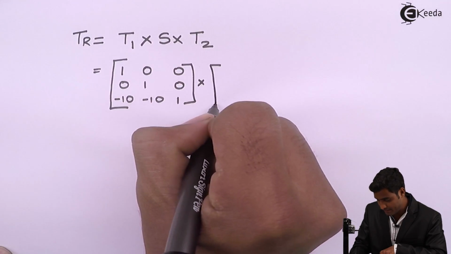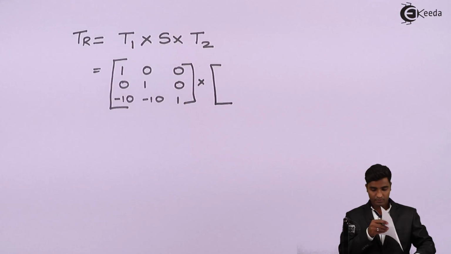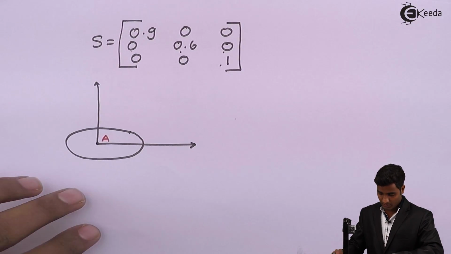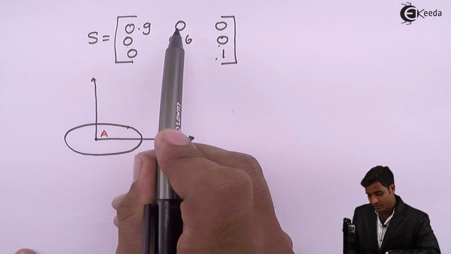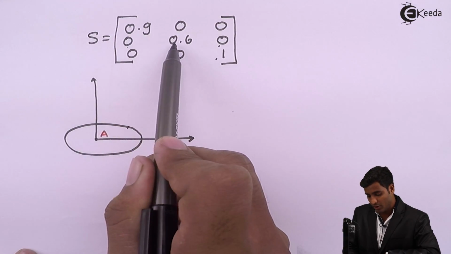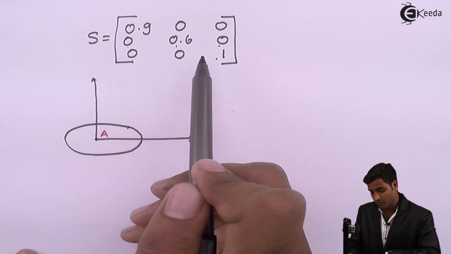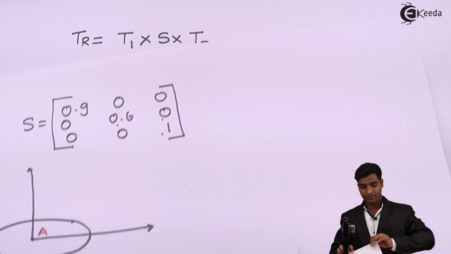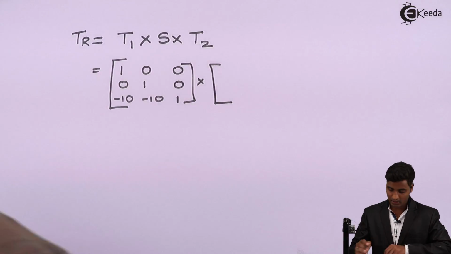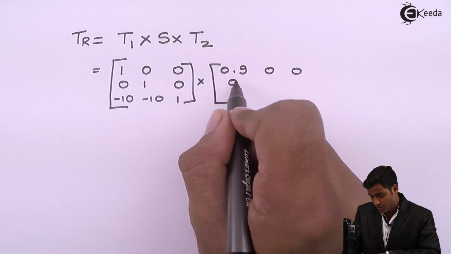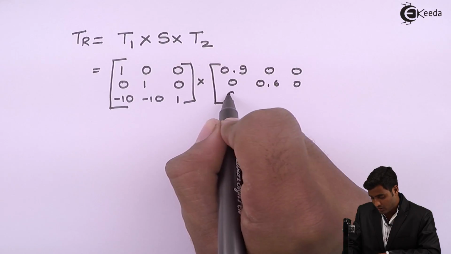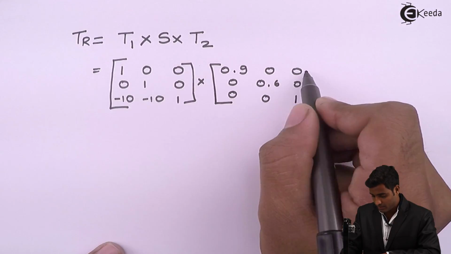Now we will write for scaling. I will refer to the scaling matrix solution, which was 0.9 0 0, 0 0.6 0, 0 0 1.